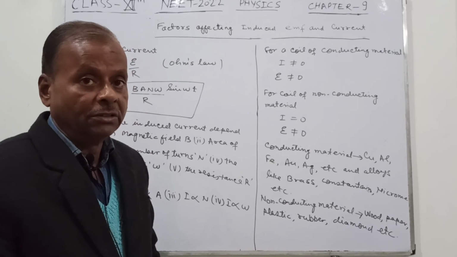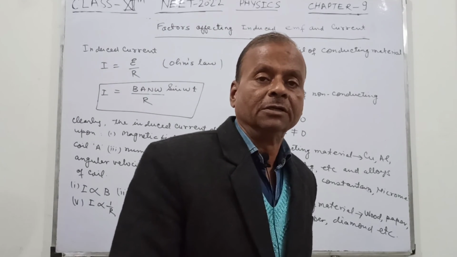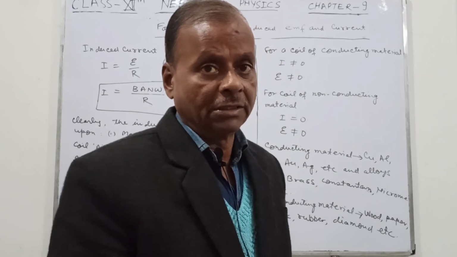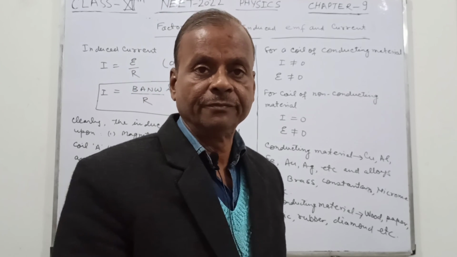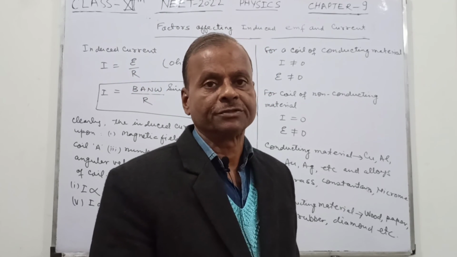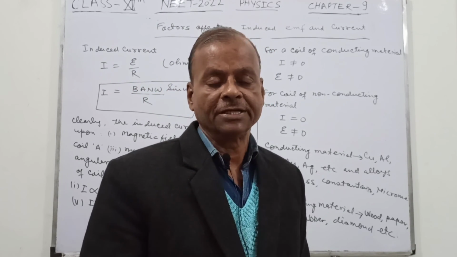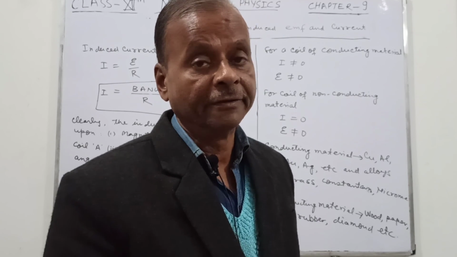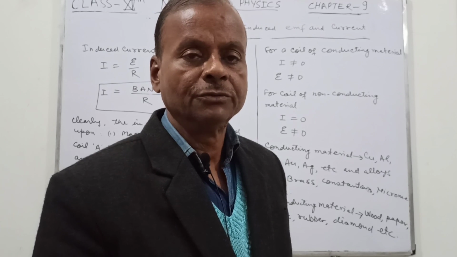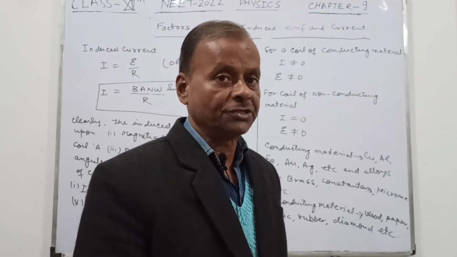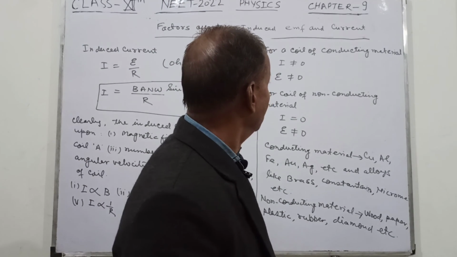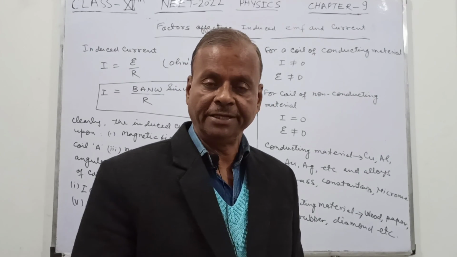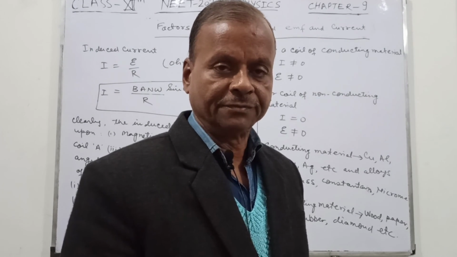So in case of non-conducting material, there will be the induced EMF but not the induced current. In case of non-conducting material, the resistance is approximately infinity, so I will be equal to 0. So this is about the dependence of the EMF and the current.